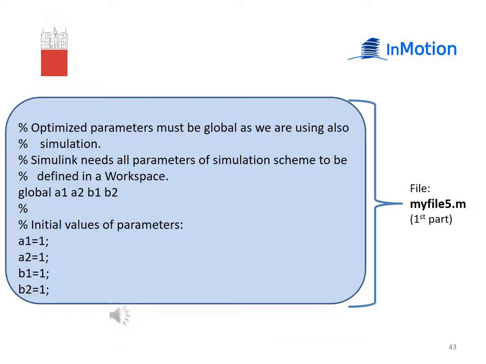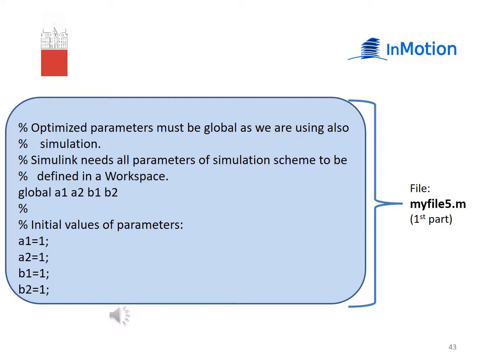The second file we have to develop is the script m-file, namely myfile5.m, where all needed data is defined. First, parameters under investigation are defined as global variables because Simulink is using this information during simulation runs.